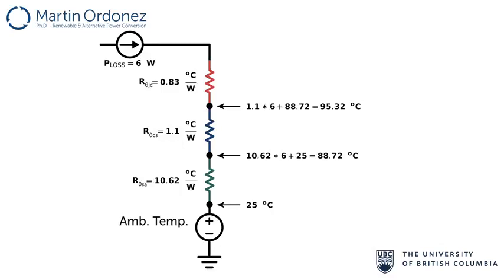By applying the same procedure for other resistances, we can calculate the temperature value of the MOSFET. The calculated value for the junction is 100.3 degrees Celsius, which is 75.3 degrees Celsius higher than the ambient temperature. Remember that without heatsink, our junction temperature was 400 degrees Celsius. We can see that by adding the heatsink, we have managed to lower the temperature to a tolerable level.